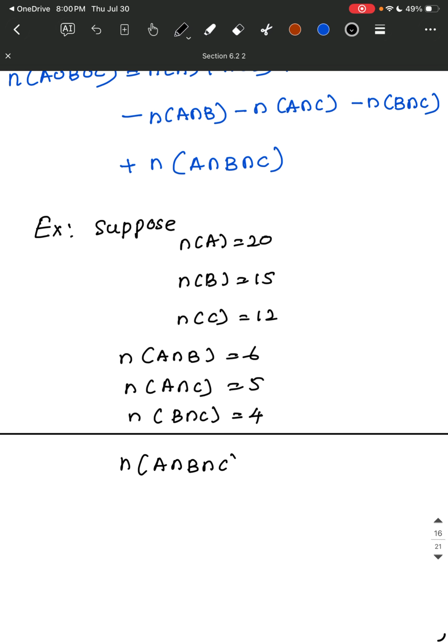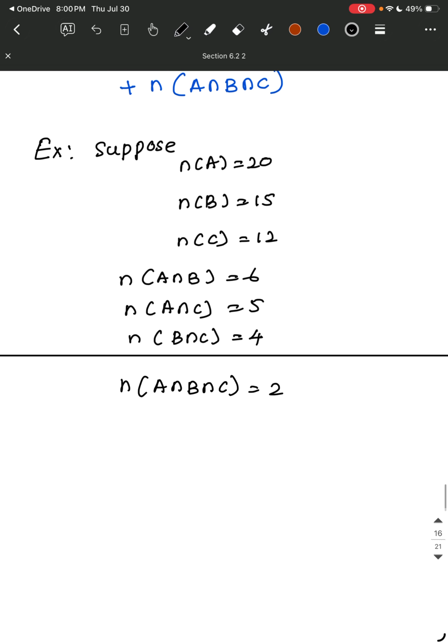Then find the number of entries in A union B union C.